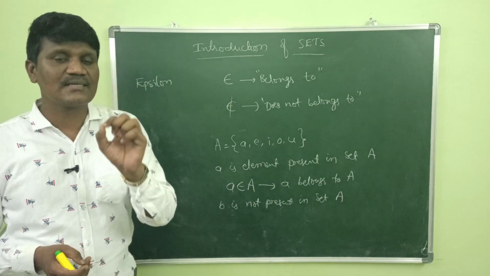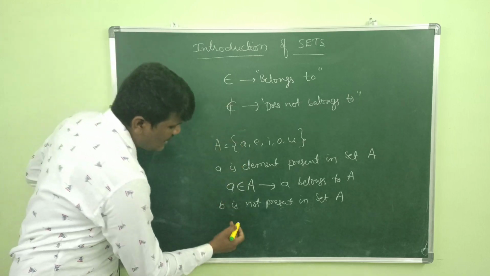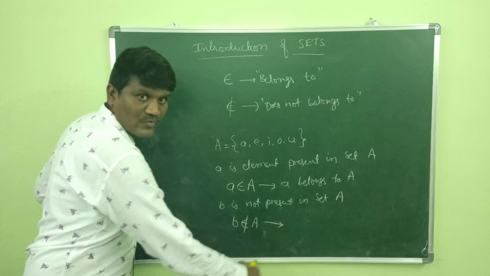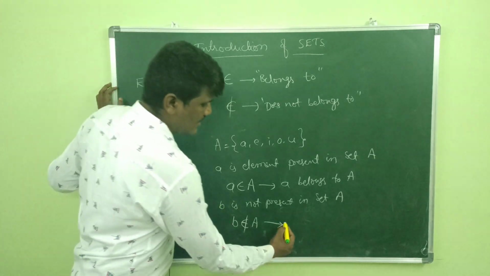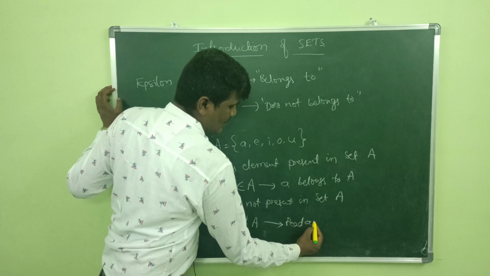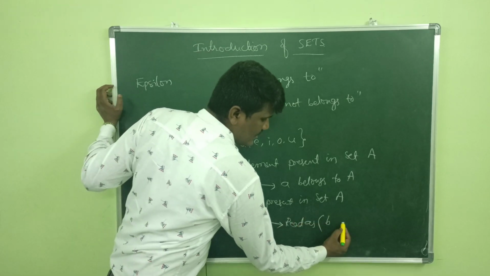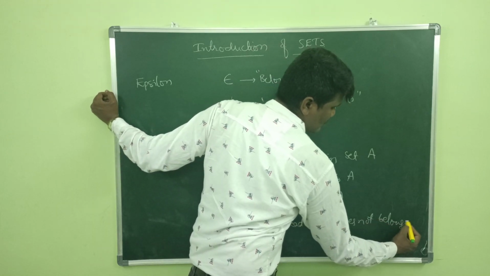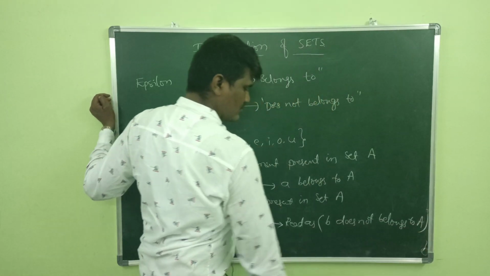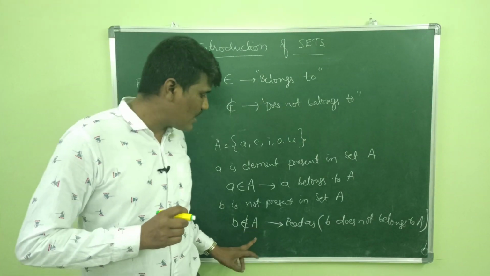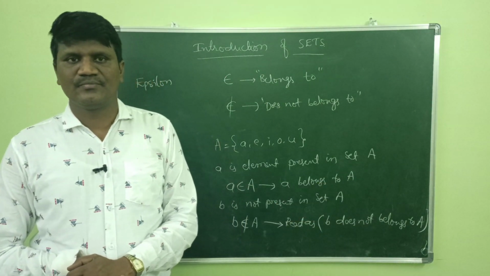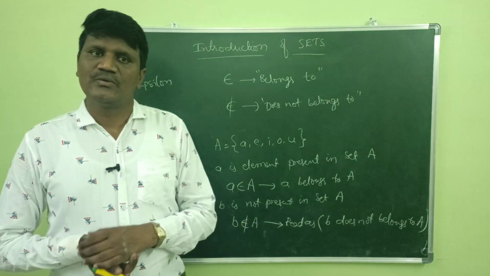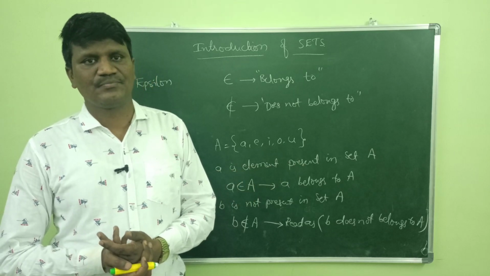No. So in this case, to represent this, simply I will write b does not belong to A. How will I read it? b does not belong to capital A. So this is a belongs to A, and b does not belong to A.